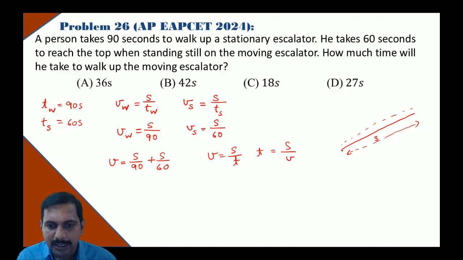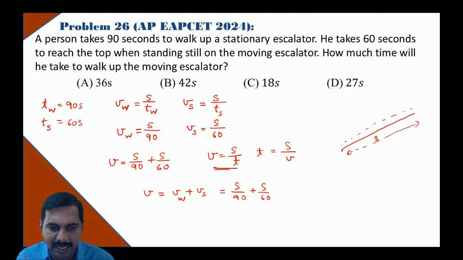The total velocity can be written as V walking plus V standing. Now this is nothing but S by 90 plus S by 60, right?